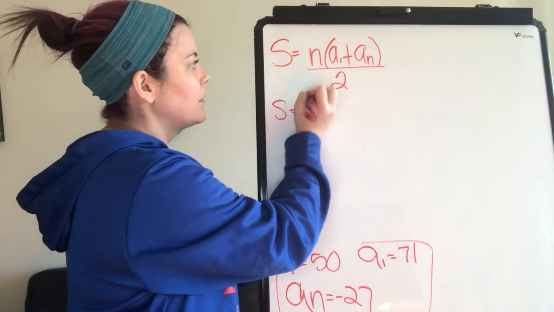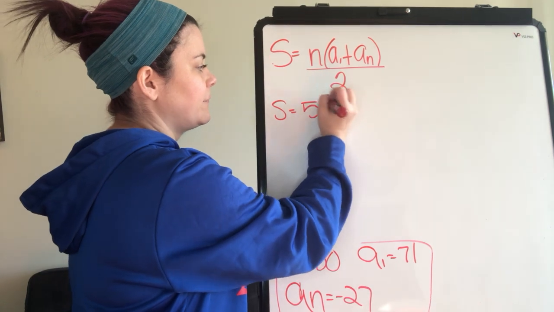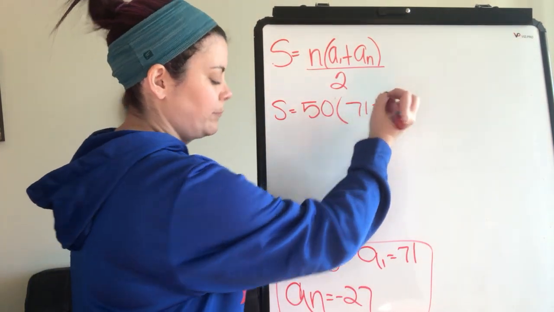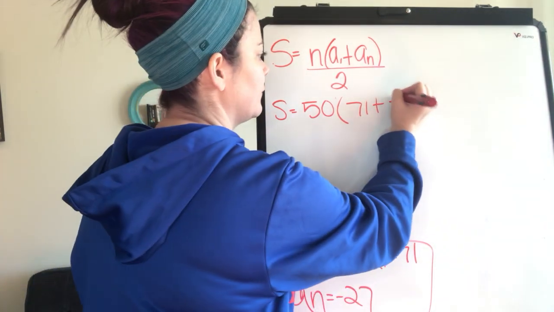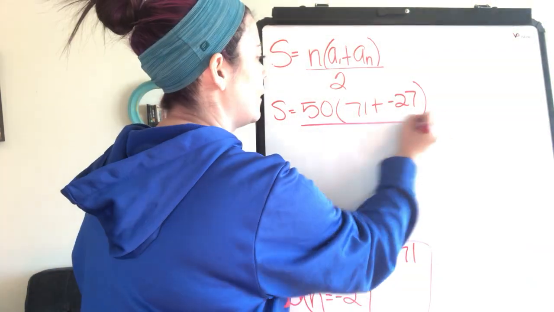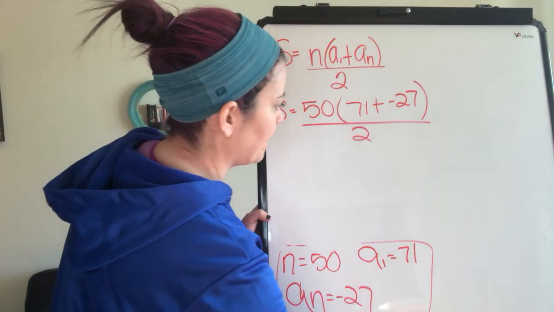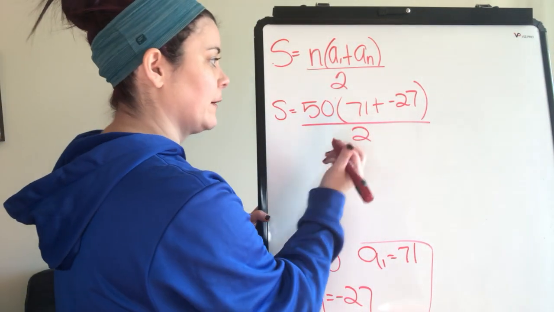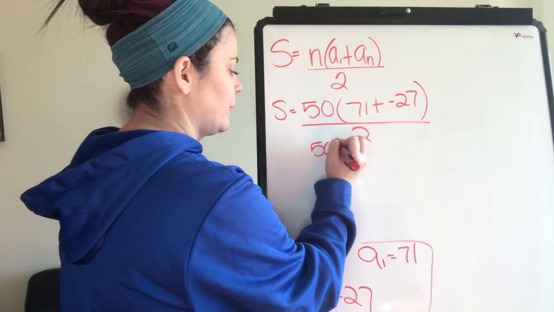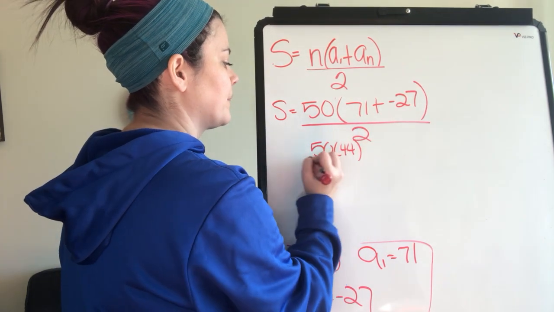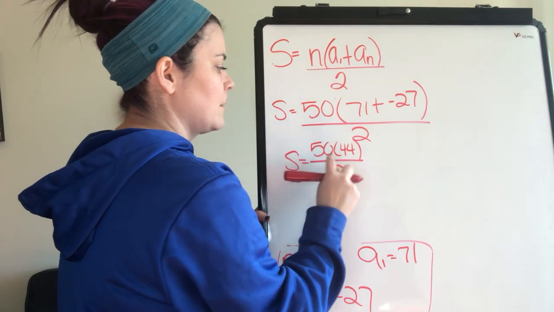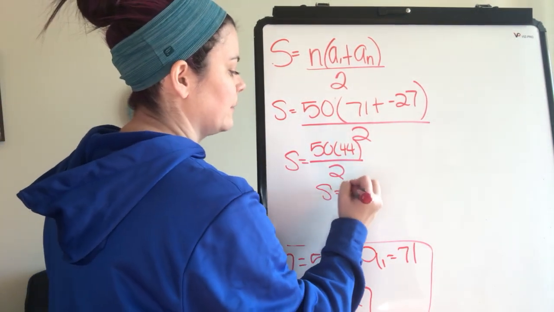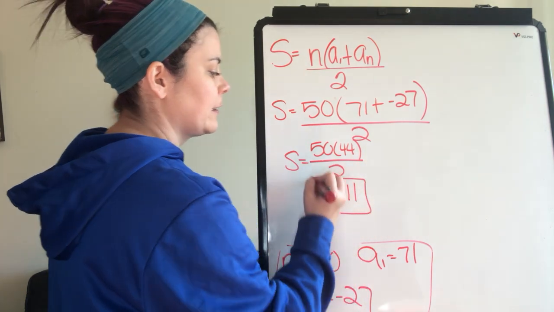So the sum, instead of writing n, I'm going to write 50 times a1 is 71, 71 plus an is negative 27, and then all divided by 2. Okay, so now I just solved this. 71 plus negative 27 is 44. 50 times 44 divided by 2. And the sum is going to be 11.